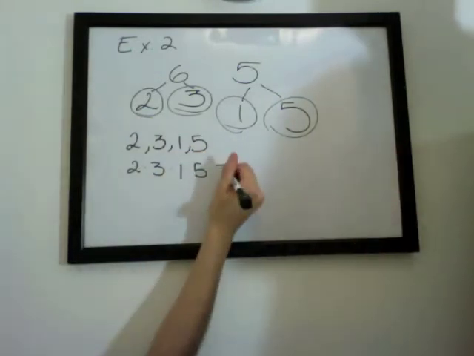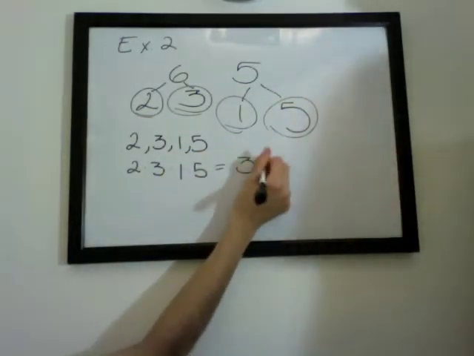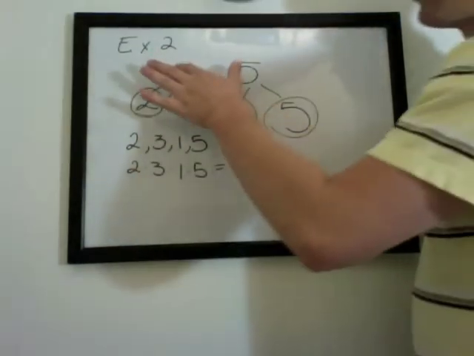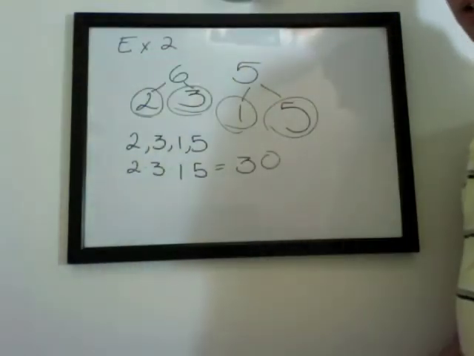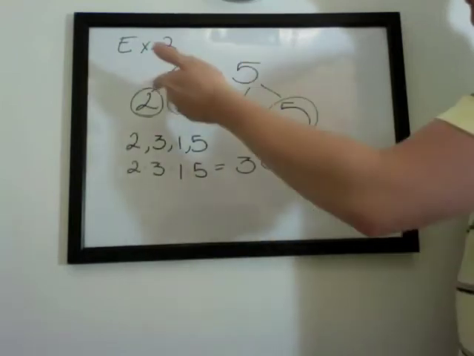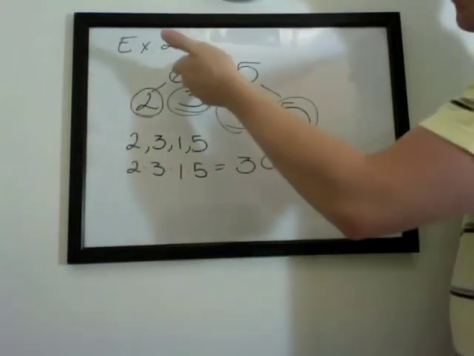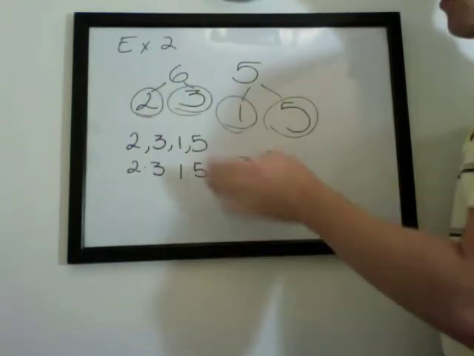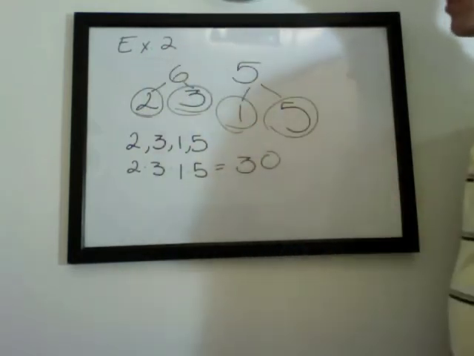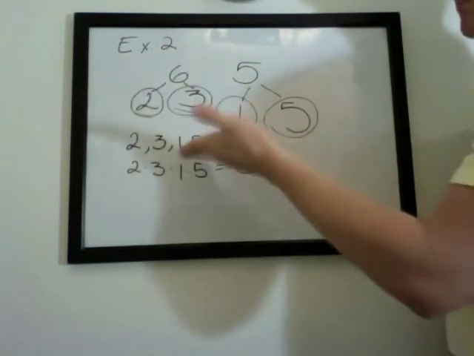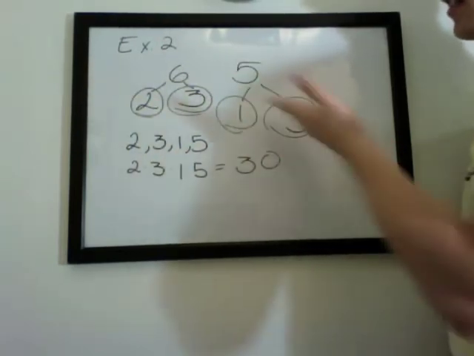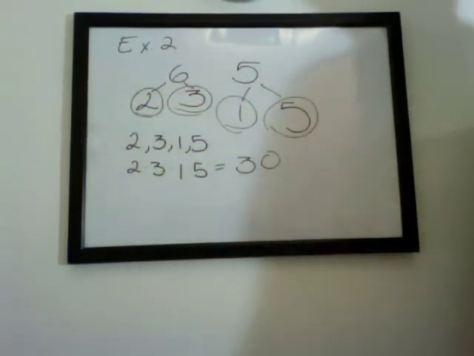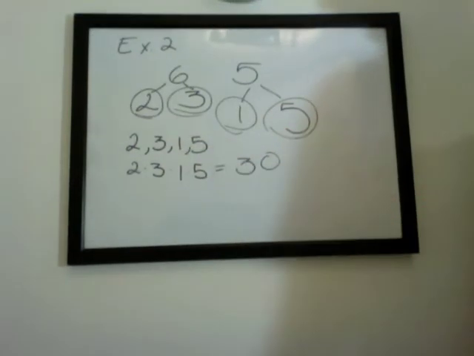We get 30. Now you're trying to think, well, you could just multiply 6 times 5 and you get 30. But yeah, sometimes the least common multiple is when you multiply the two numbers together. It happens only when you have smaller numbers. But you can double check yourself and do the factoring of each tree and then count it and multiply it. This just happens to be 30, the least common multiple.